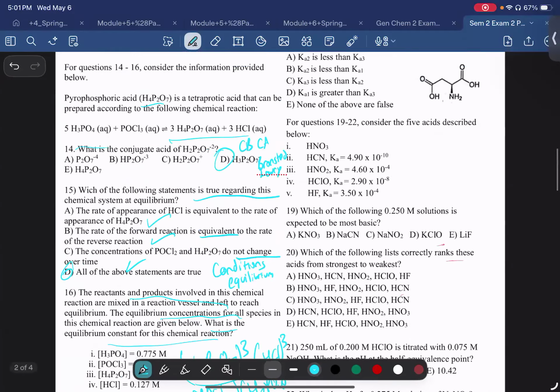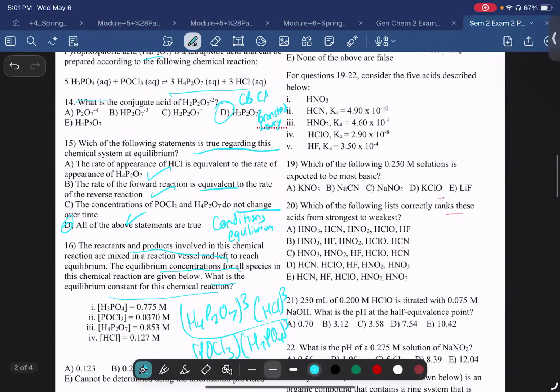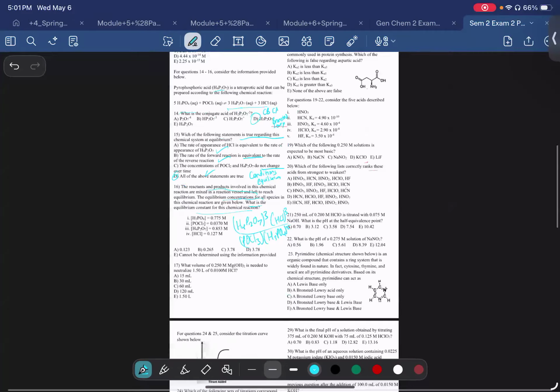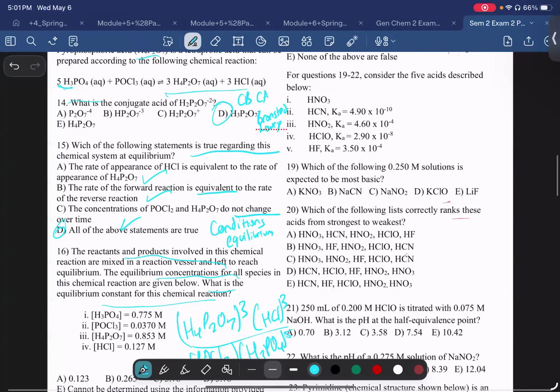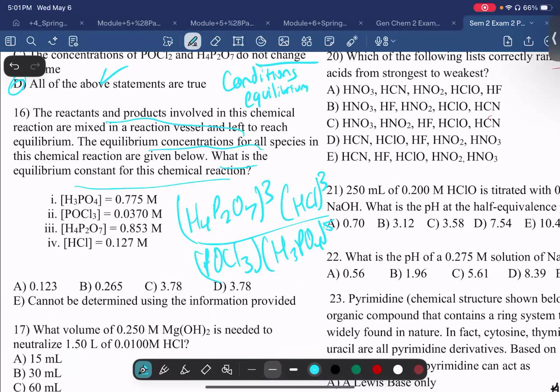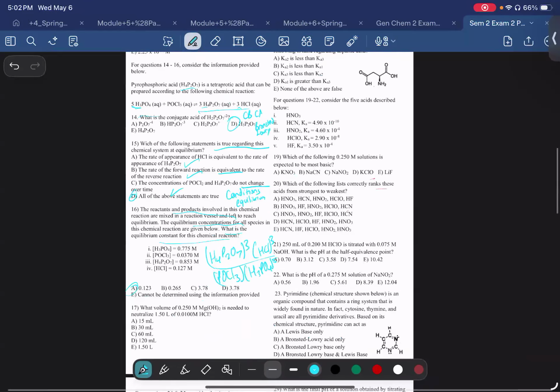Did I do that right? Let's see. Oh, that's 5, my fault. It's supposed to be 5. That's my bad. See, that's why you gotta check these things, right? So this is 5, 3, 3, right? So 5, and then, yeah, I got a value of A.